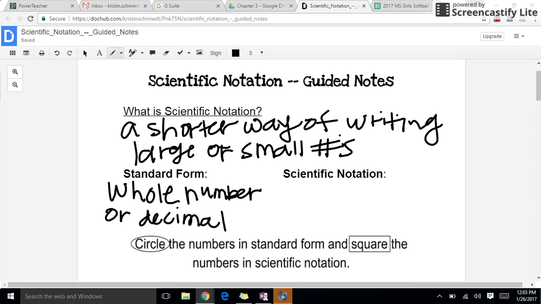And then scientific notation. Now this one, the definition's a little confusing, but once you see an example, you'll be like, oh, duh. So first, scientific notation starts with a decimal, but there's something special about that decimal. Does it have to be between 1 and 10? Yes.